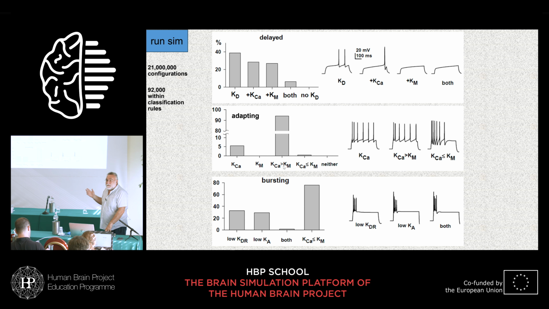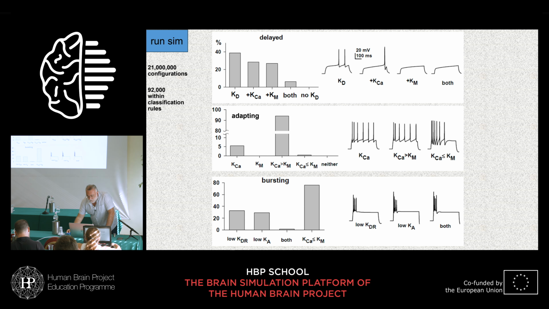You cannot model, essentially, these kinds of traces if you have a calcium-dependent conductance that is lower than Km. So this is another prediction for the experimentalists. If you go there and look at the patch clamp in the soma of these neurons, our model is predicting that for the adapting neurons, you should almost always have the calcium-dependent potassium current larger in conductance with respect to the Km.